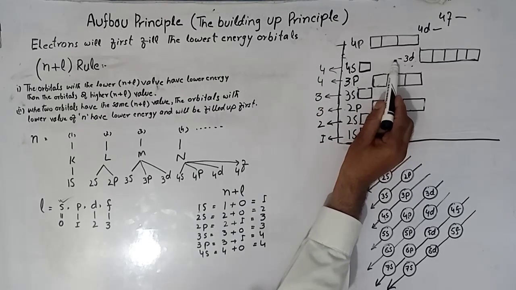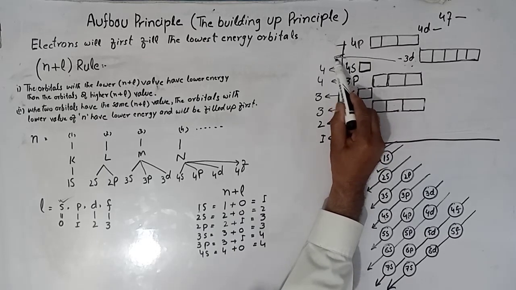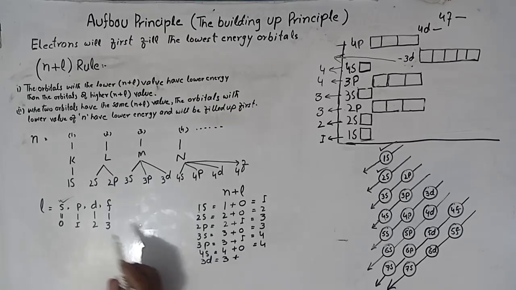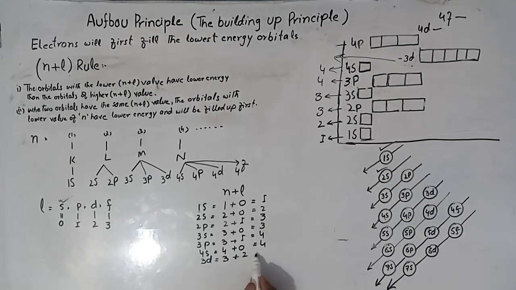Now the value of d is very important because the question lies here. That's why 4s is filled first before 3d. Now the value of 3d, so 3, and for d we have 2, 3 plus 2 is equal to 5.